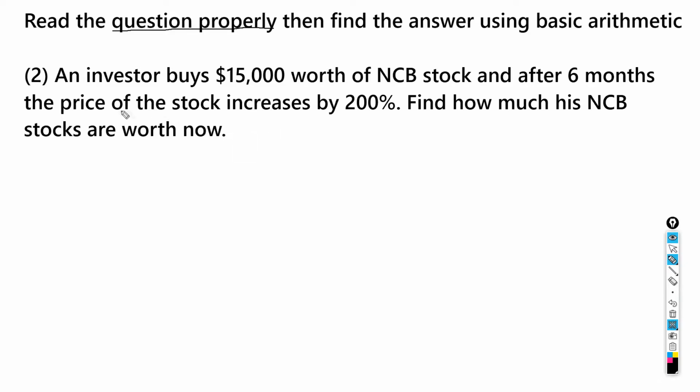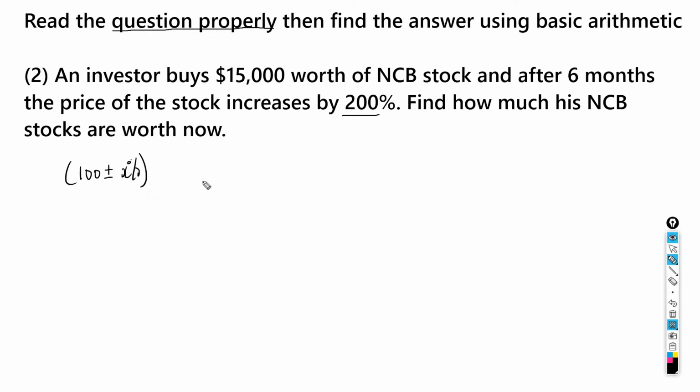It says an investor buys $15,000 worth of NCB stock, and after 6 months, the price of the stock increases by 200%. Find how much his NCB stocks are worth now. This one is kind of easy still. Remember the percentage change was saying that it's 100 plus or minus the X percent it increases by.